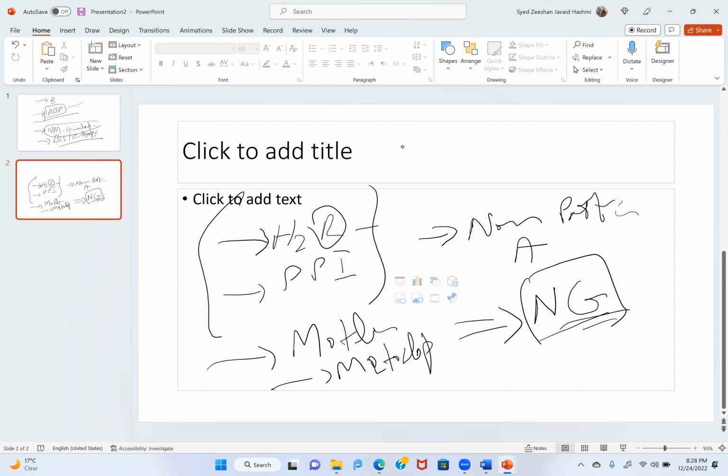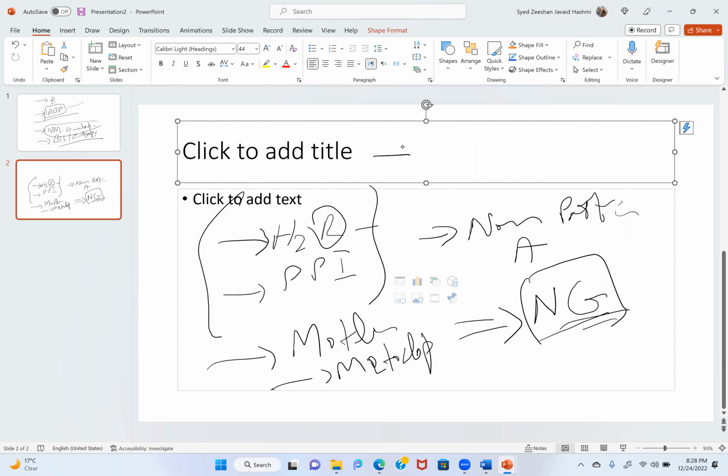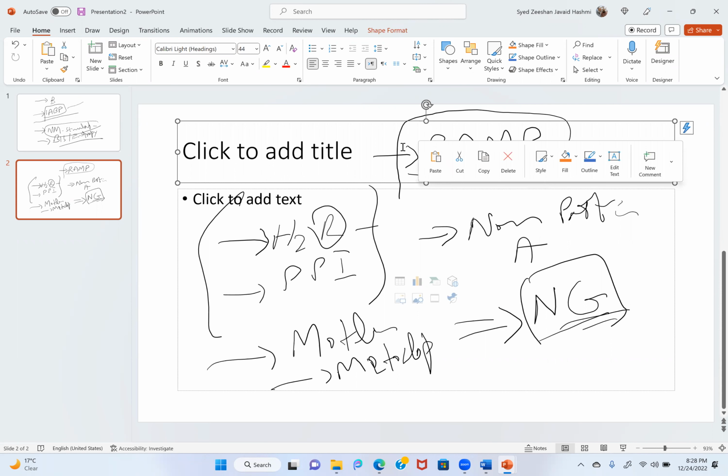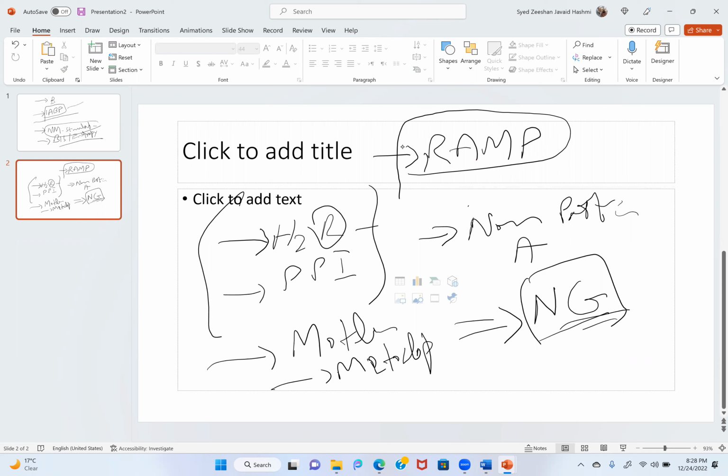Just with reference to aspiration, there is another thing which is not only for airway management, it is also helpful for aspiration prophylaxis, that is ramp position. Ramp position will lead to decreased chances of aspiration because it works against gravity.